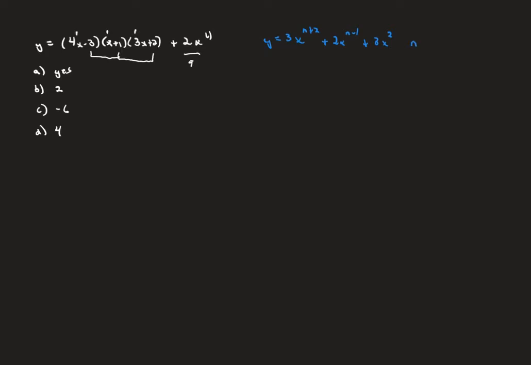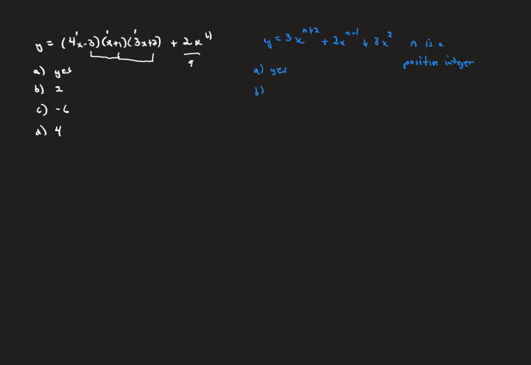And I'm going to say that n is a positive integer. Because it is not a fraction or a negative number, we can see here that all these powers are indeed positive integers. So yes, it is in fact going to be a polynomial.